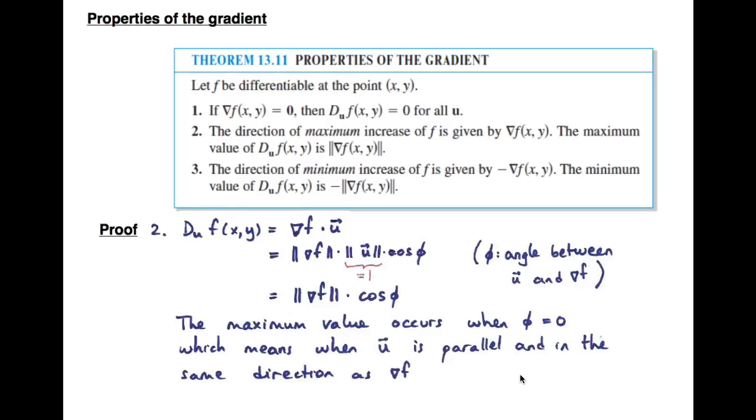Which means when u is parallel and in the same direction as del f. Moreover, we can see that the maximum value of the directional derivative is the magnitude of del f.